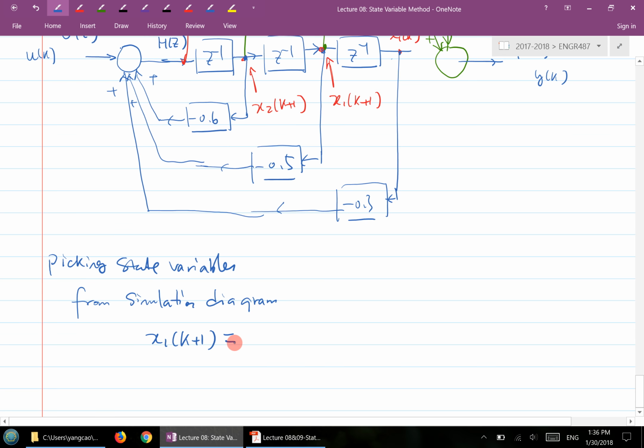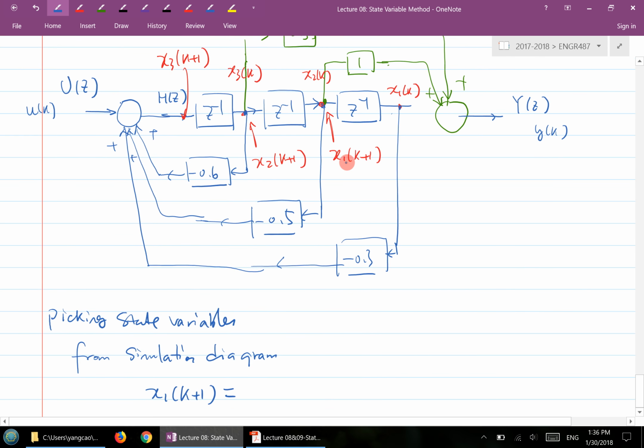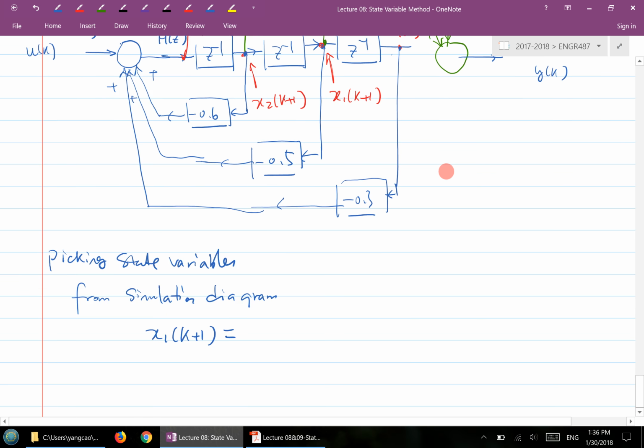What is x1 of k plus 1? x1 of k plus 1 equals a function of the other state variables and control signals. In this case, x1 of k plus 1 is nothing else but the same as what? x2 of k. So that's your x1 of k plus 1.